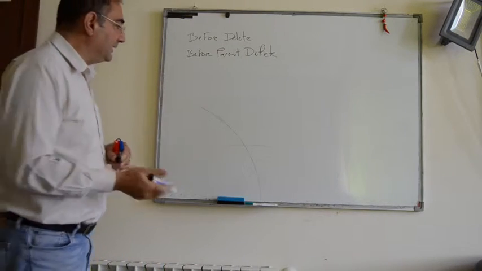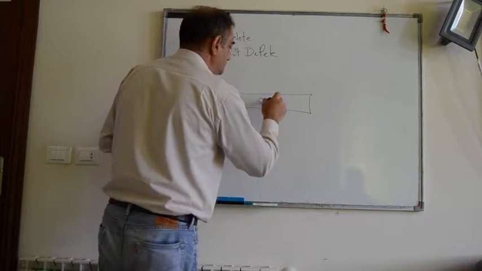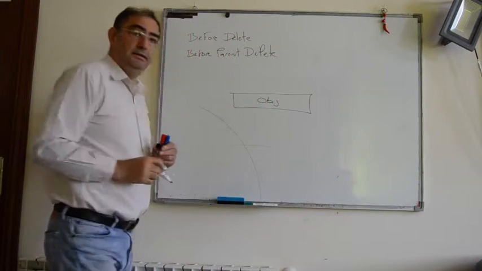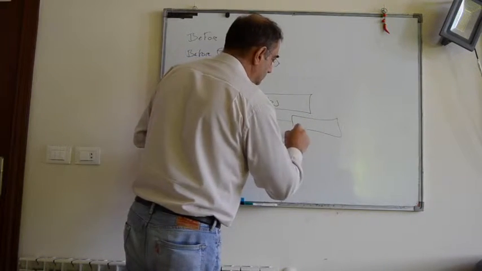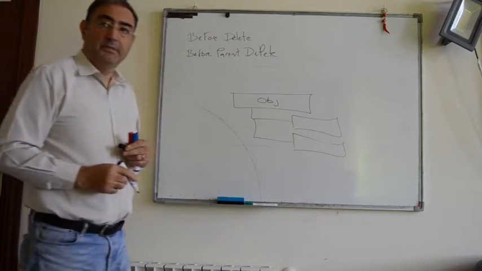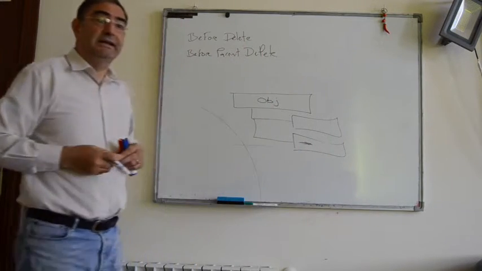Okay? What does that mean? I have an object. It has many rows. And I am positioned at this row and I want to delete it.